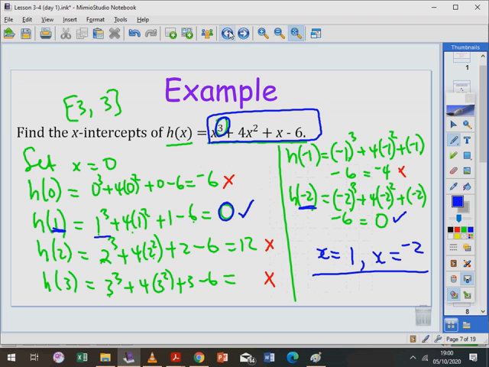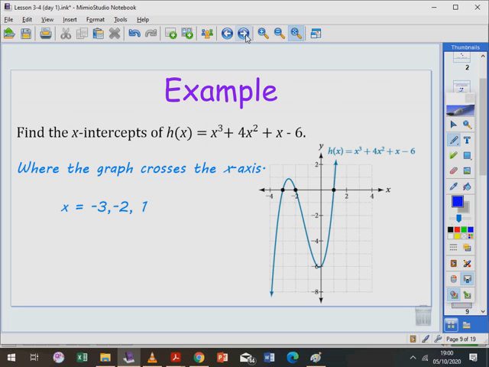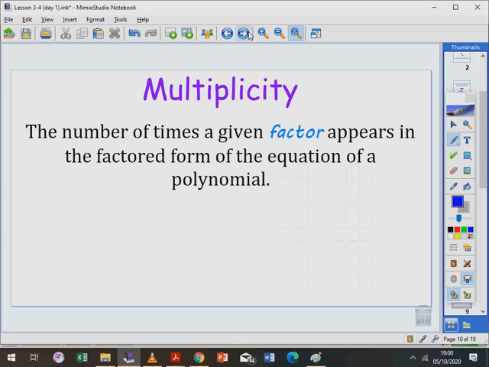Maybe just for enjoyment or satisfaction, you can substitute -3 in your trial and error, and I'm pretty sure that it will give you 0. So these are our intercepts: -3, -2, and 1.